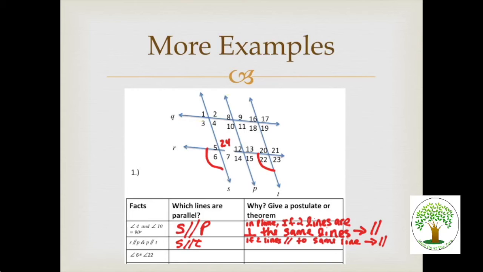Raise your hand if you know which lines are parallel. I just want to know who I'm talking to. I got one person, two people who know. I think I know. Does that count? Yes, that's all I need. Go ahead, Ryan. We're right here, 6 and 22. I have marked that 6 is congruent to 22.